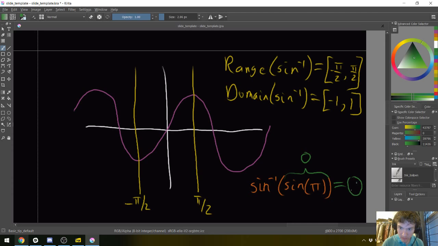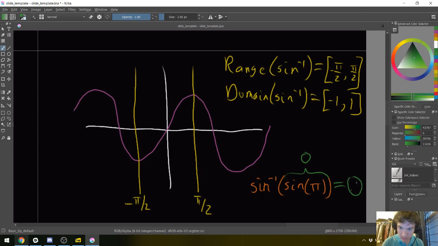So is it always true that sine inverse of sine x is necessarily x? Well, how can this be true? Just let x equal pi. In the line before, sine inverse of sine of pi is 0.